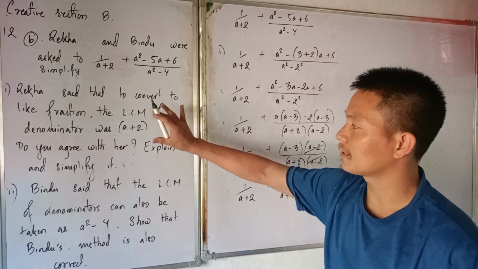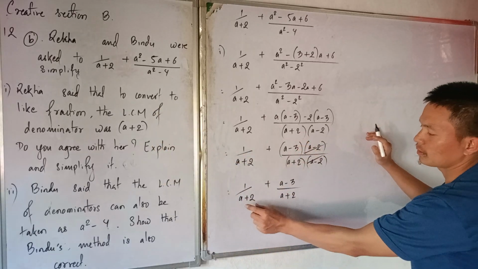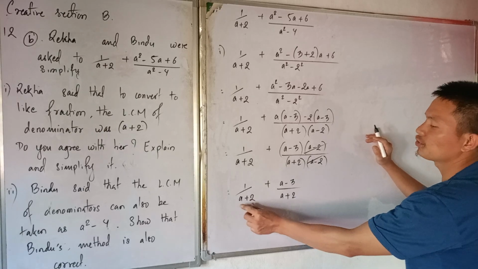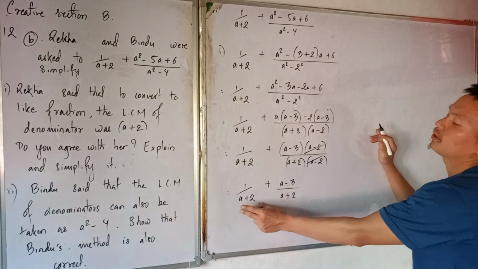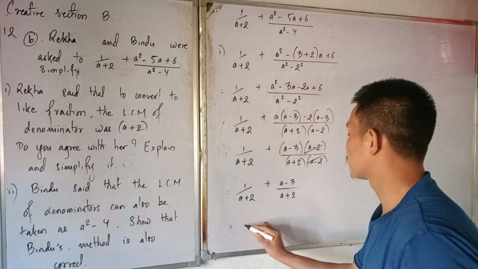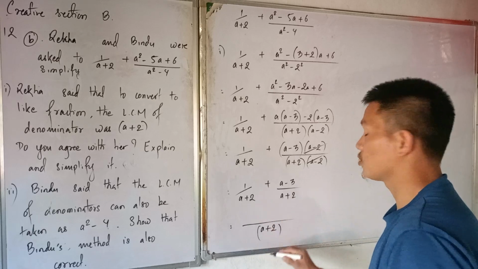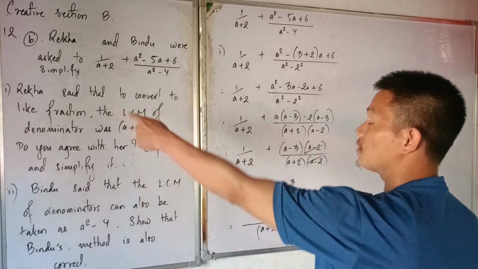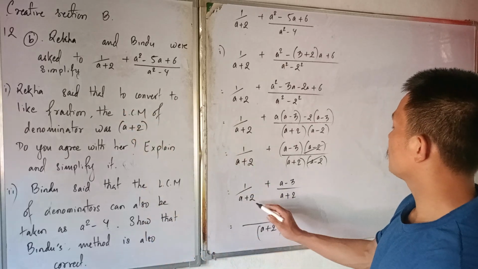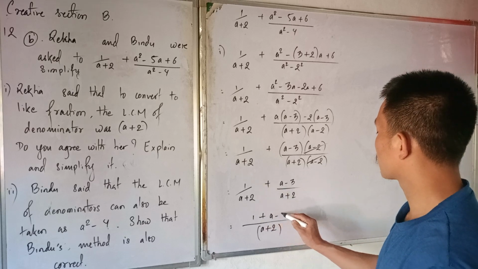Now, just like she said, when you simplify this part, it comes into the same denominator. Since the denominators are the same, these are like fractions. In the case of like fractions, the denominator is the LCM, so we do have to agree with Rekha. If the denominators are the same, you can directly operate on the numerators.